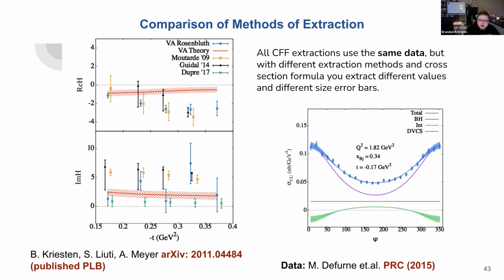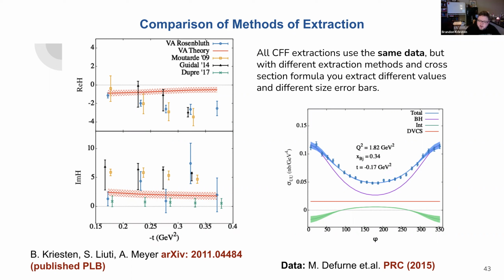Now the tricky part here is that for all these Compton form factor extractions, I compare them to other methods, both neural network methods and some using standard statistical analysis methods. They all use the same data, but because everybody uses different extraction methods and different cross-section formulas, you can end up extracting different central values and, more importantly, different sized error bars.